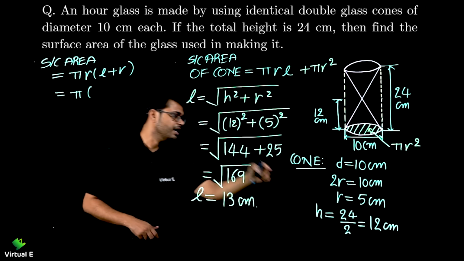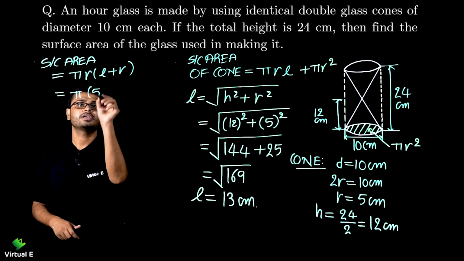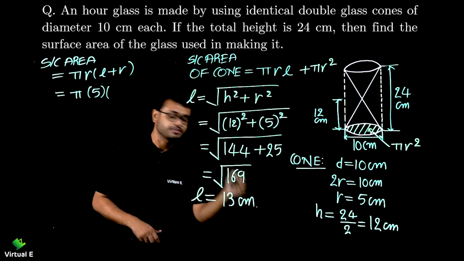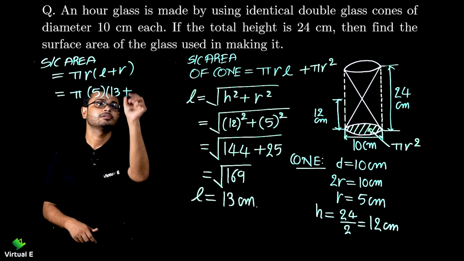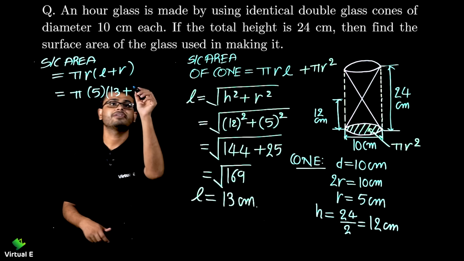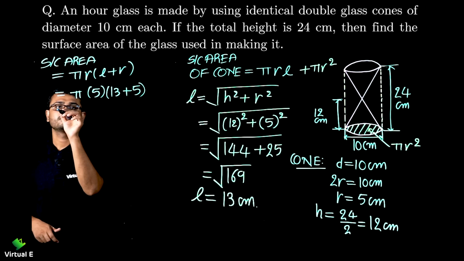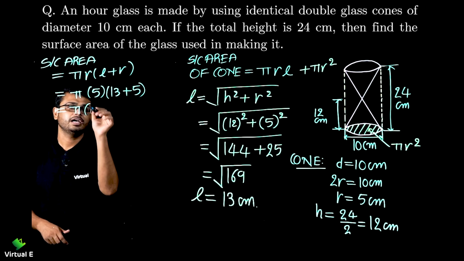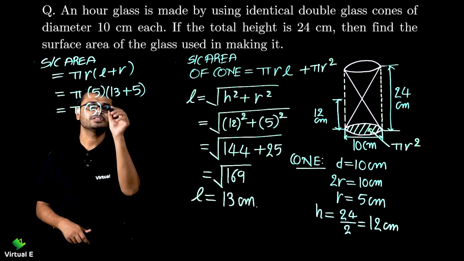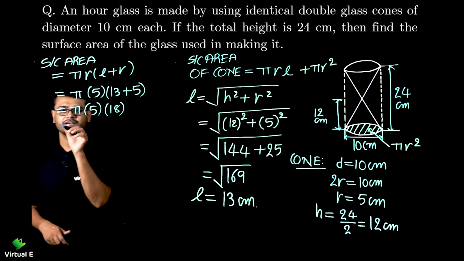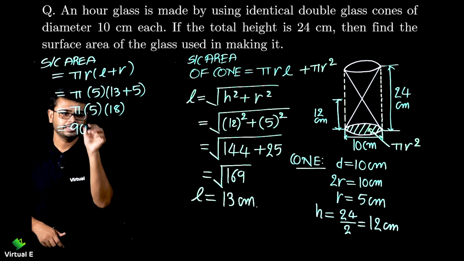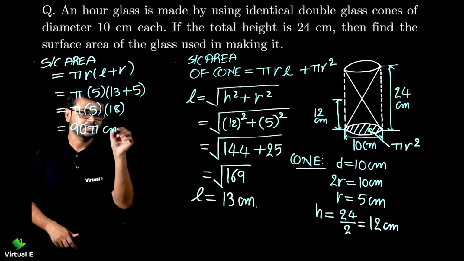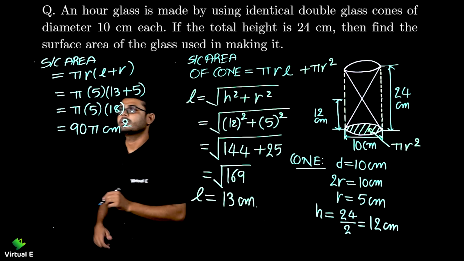We have the value of r, which is 5. Then l plus r is 13 plus 5, which is 18. 18 fives are 90 pi centimeter square.